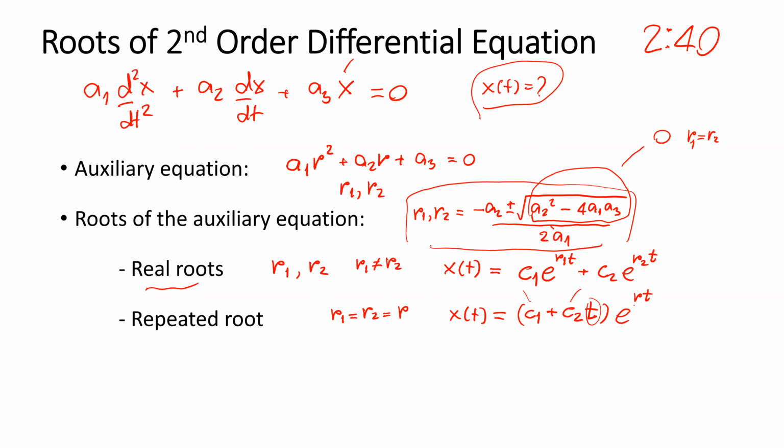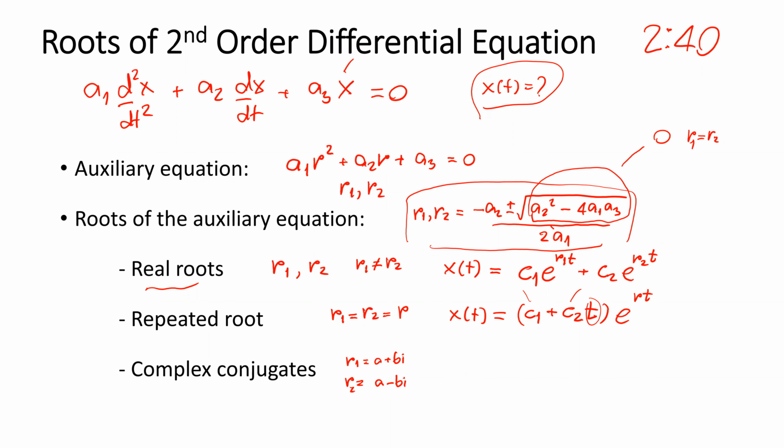For the third possible case, it may be the common one in our class. We are going to see a complex conjugate. R1 equal to a plus bi, and R2 equal to a minus bi as a complex conjugate.